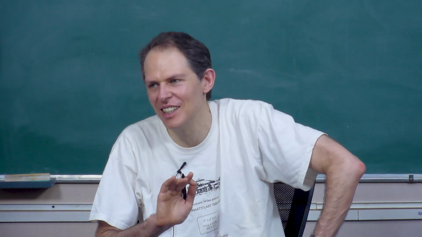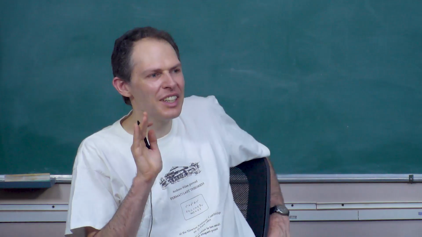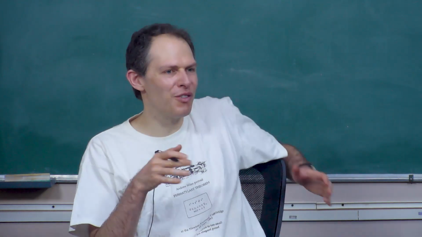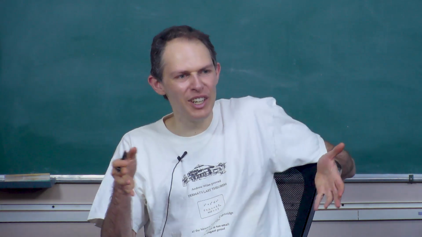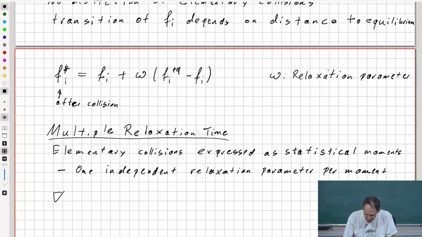That's for sure. Even if you don't understand lattice Boltzmann any better, you'll know what a moment is. So a moment is always an integral property of a distribution. And the distribution here is the distribution of the particle's momentum. The problem is the integral properties can be defined in many different ways.